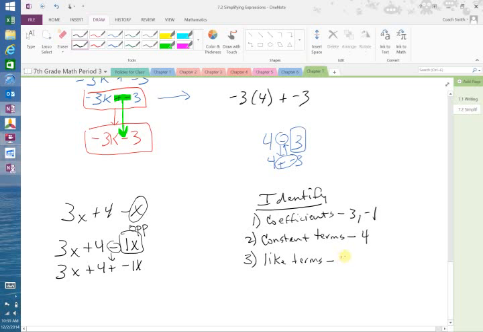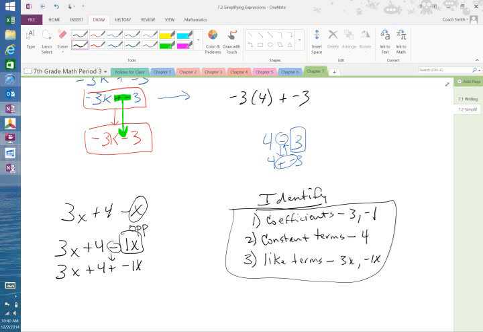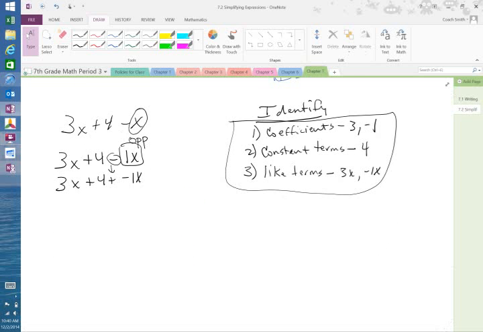Yes, 3x and negative 1x. Okay, and that's your 3 answers to this problem. Okay, because it tells you in the directions, identify the coefficient, the constant terms, and the like terms. Okay, now, I'm going to give you another problem, and I want you to do this one on your own.